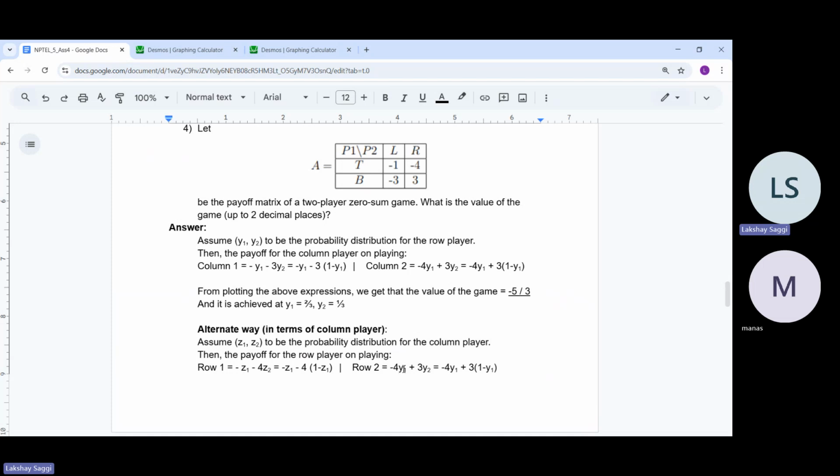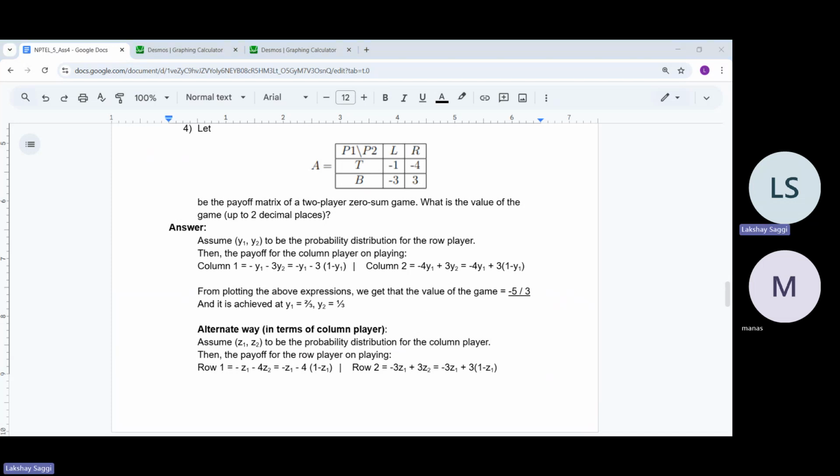And now what does the row player get on playing row 2? It's minus 3Z1 plus 3Z2, which is again nothing but minus 3Z1 plus 3 times 1 minus Z1, right?